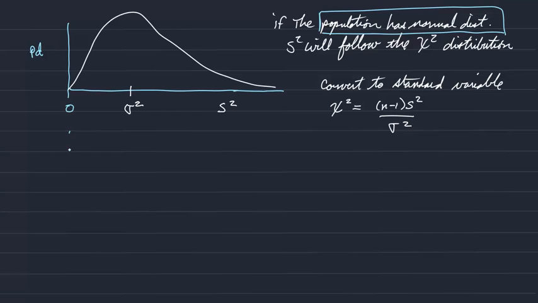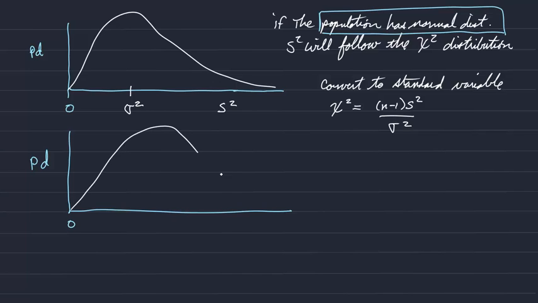If we convert to our standard variable, we'll have a curve that looks like this; I'm just going to sketch it the same way. You'll notice the dependence on n minus 1. So the width of this probability density function will depend on n. It'll tend to increase with the sample size. This is just one curve for a given sample size that I've sketched here.